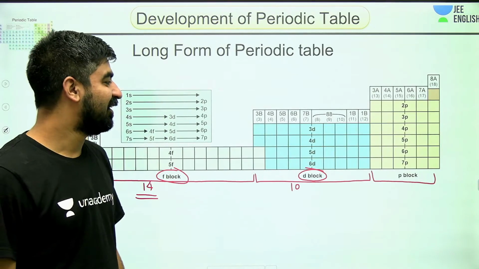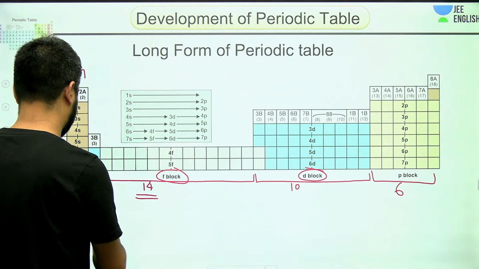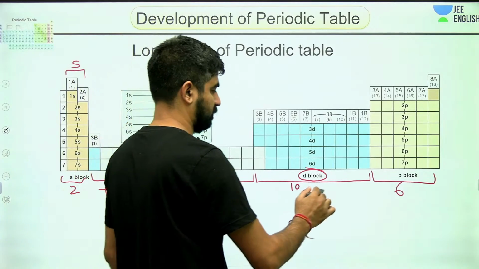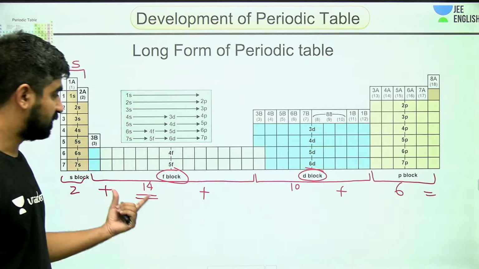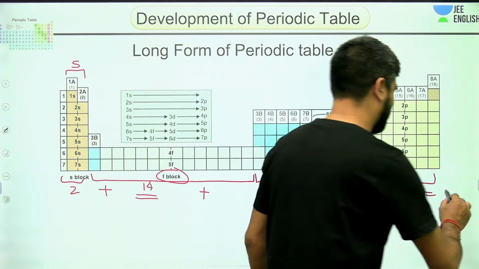Are you getting it? So there are 6. So if you add them all, what are you going to get? 16 and 10, 26 and 6, 32.